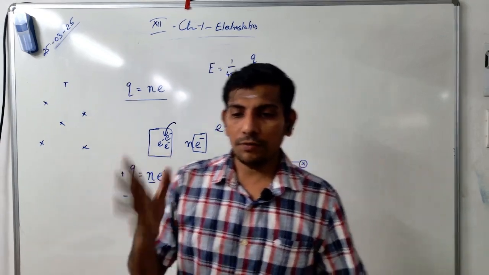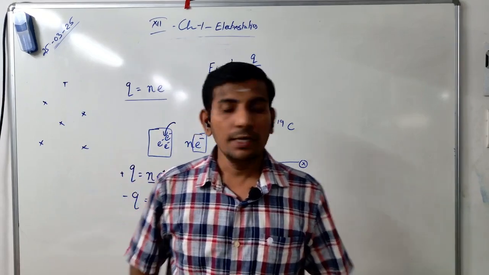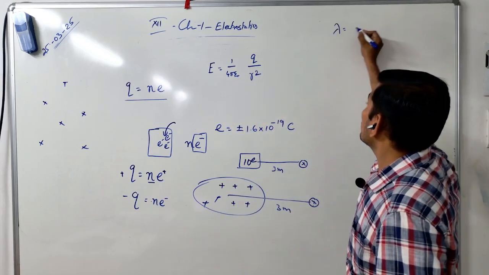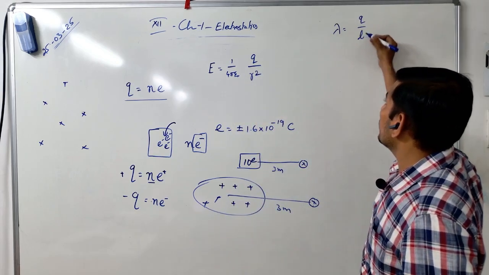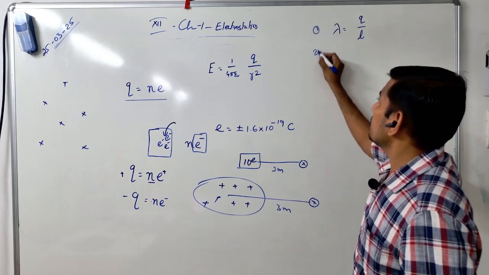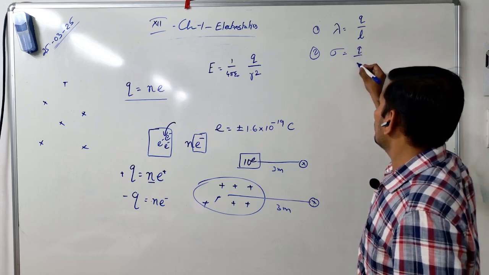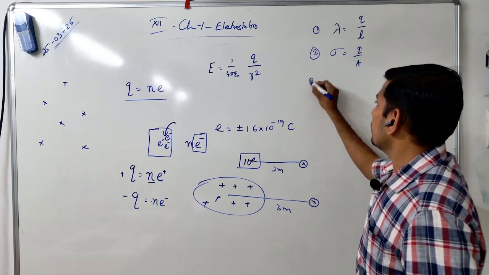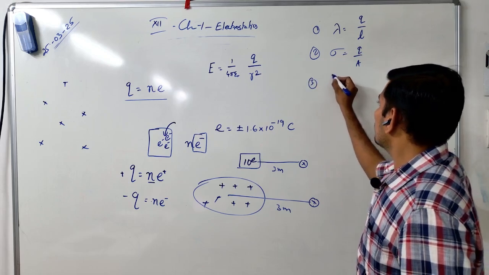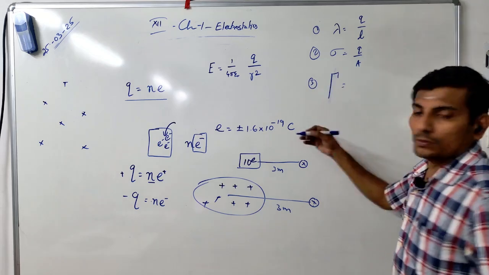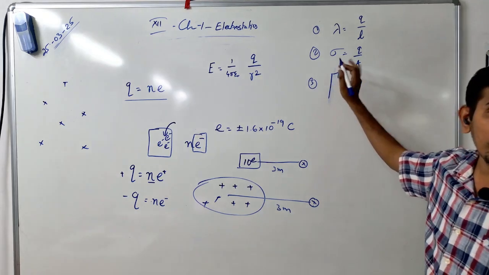Linear, surface and volume. I hope you remember the formula. That is, the formula is lambda, which is the charge kept over a length. And the second one is sigma, which is equal to the charge kept over an area. And the third one is gamma. Some textbooks write this as rho. Whichever is convenient, you can write it that way.